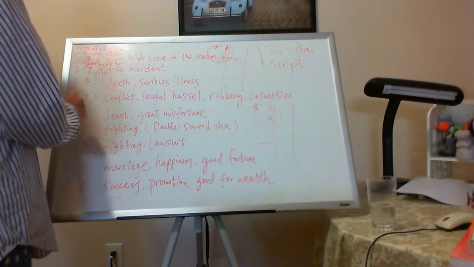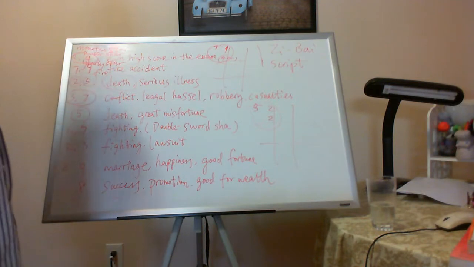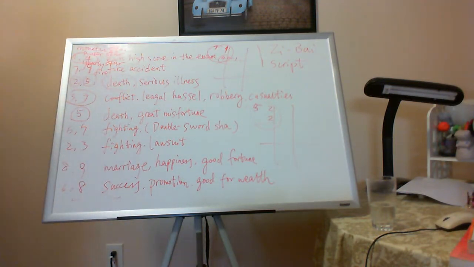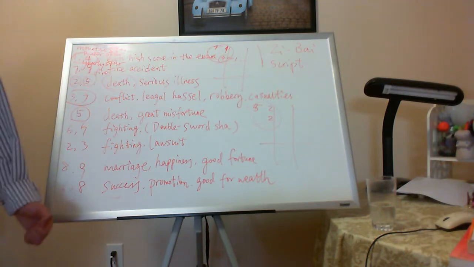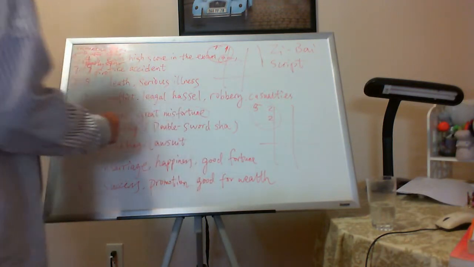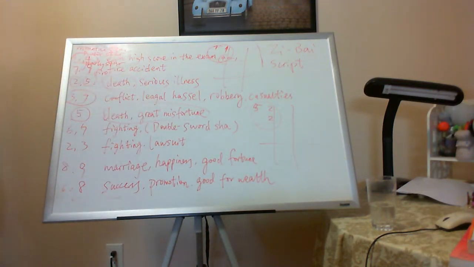Okay. And number 5, in the script it says number 5, no matter where the yearly star number 5 is located, it will cause death, great misfortune. Now you see that it's another very exaggerating conclusion.